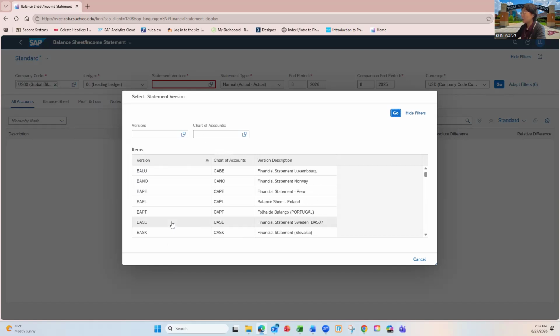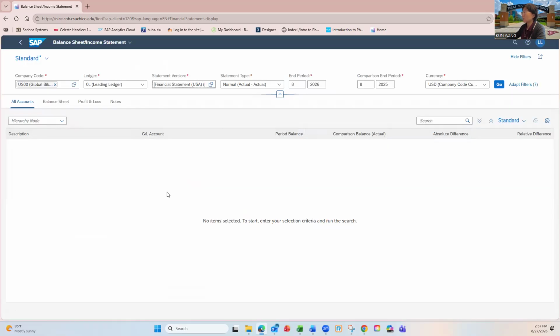I'm using the United States version, the BAUS, or I believe you can use something like a G000, but let's try this one first. And end the period. Okay, because again, I'm doing this in August. You can change or update the period.